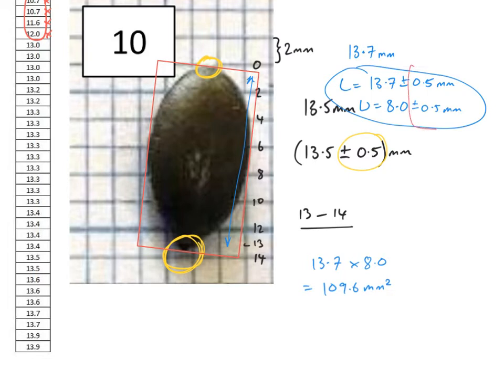Because I've still not done anything with these. Well, there are set rules of what to do with uncertainties when we combine uncertainties, because I'm multiplying two numbers together. So this is the tricky bit, and this is what we're going to go into next. It's not a case of just adding them together, okay? It's not a case of multiplying them together.